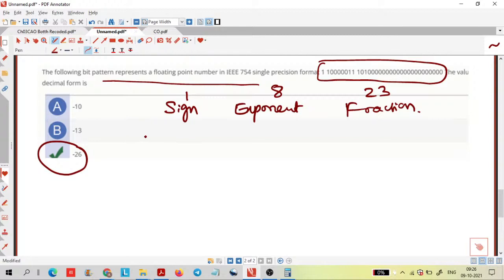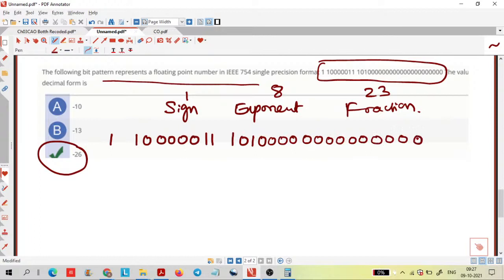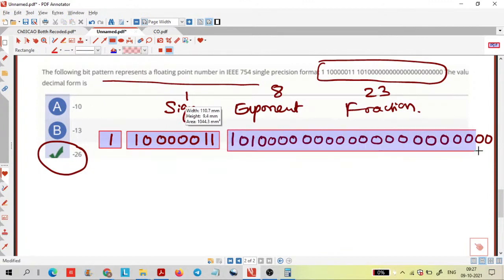Now they are given these digits as input: 1, then the exponent bits, then the fraction part and the remaining 20 fraction bits. This is the sign, this is the exponent.